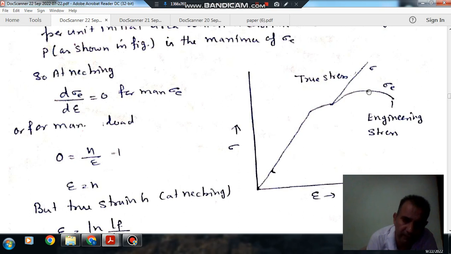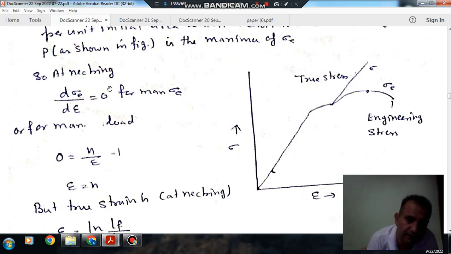At this point the load is maximum. Engineering stress is load divided by original area, so it doesn't depend upon the instantaneous area. Whenever P is maximum, sigma e is maximum, so at this point the value of sigma e is maximum.